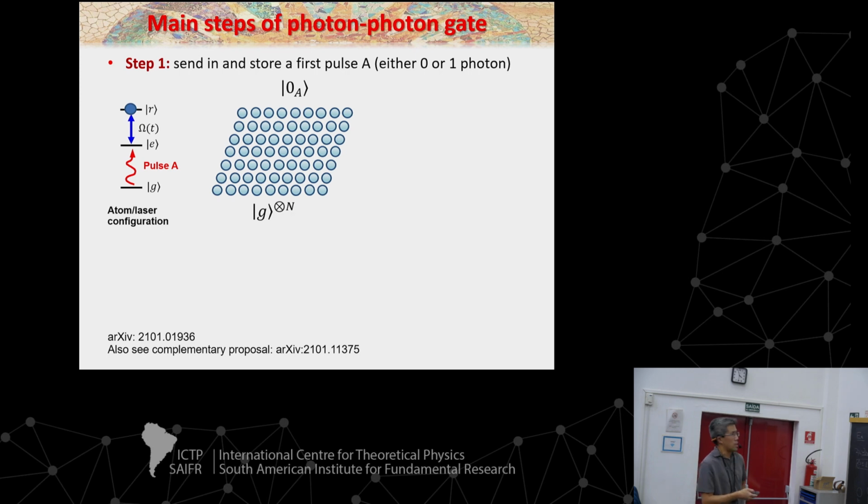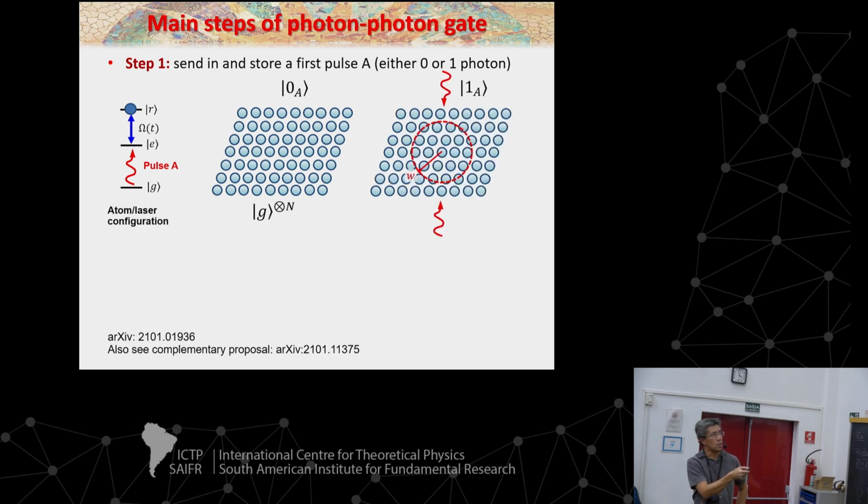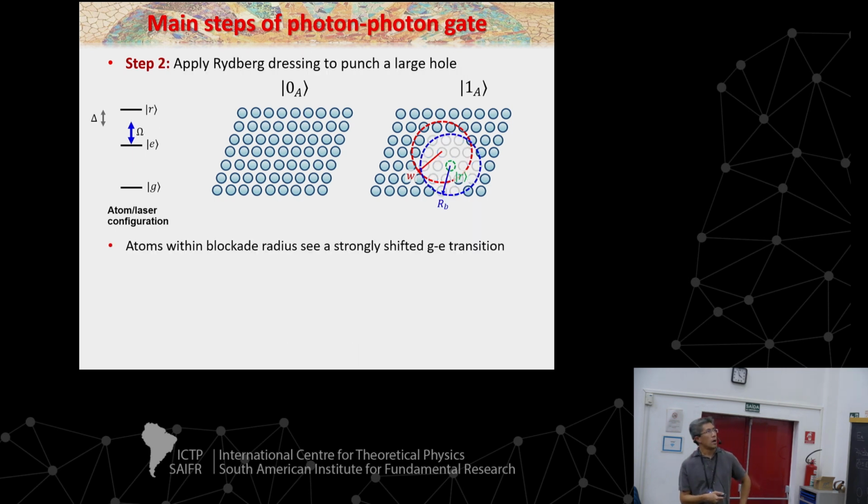So the way to turn that into a gate is the following. It's very much like the free space case. I first shine in a pulse A. If there's no photon, then I don't store it. All my atoms remain in the G state. If there's a first photon in pulse A, then I store it into a Rydberg excitation. I now turn on this Rydberg dressing scheme.